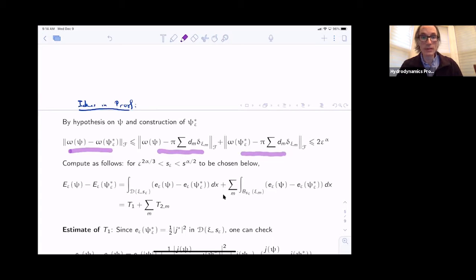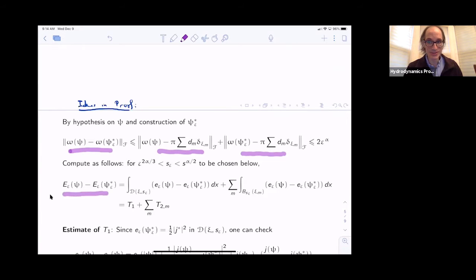That's easy. My goal is then to prove a lower bound for this difference, to show that this is basically positive.